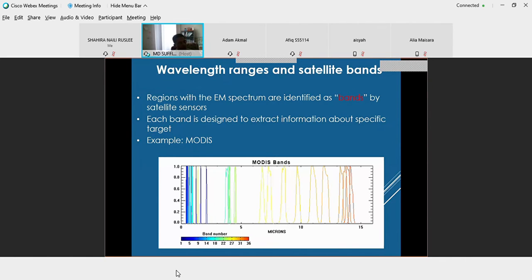For ocean it is the same. To extract pigment or chlorophyll, we know that chlorophyll absorbs light at 443 nanometer and 680 nanometer. So it must have a blue band, or a very narrow band, especially at 443 nanometer.